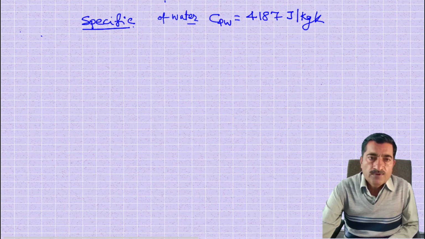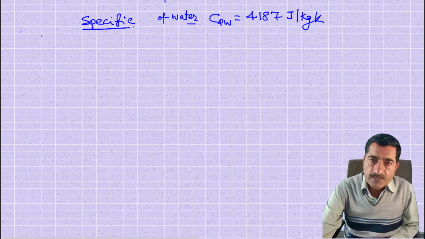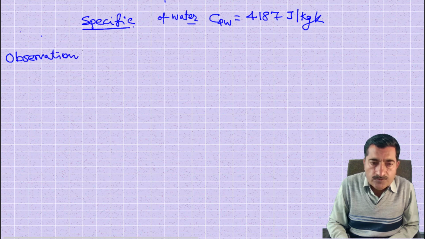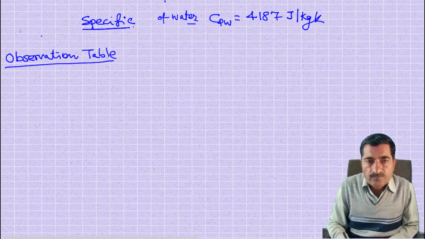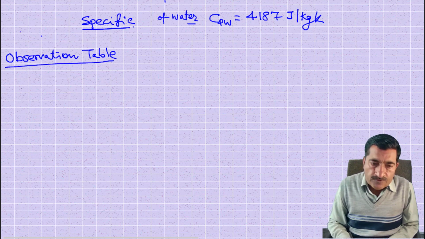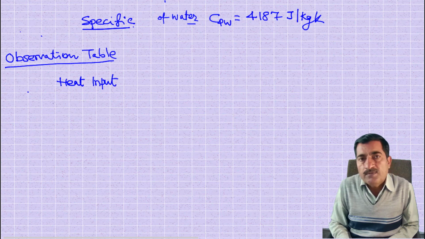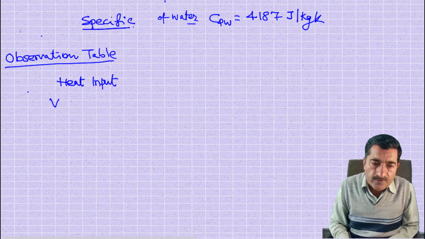Now draw an observation table. First the heat input of the rod, which can be calculated by voltmeter reading and ammeter reading.